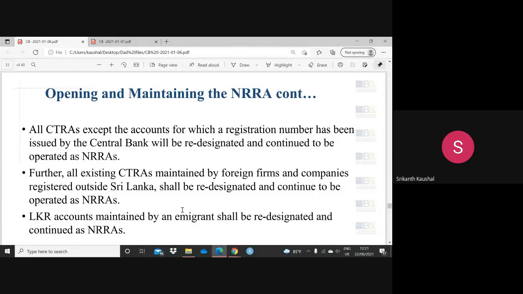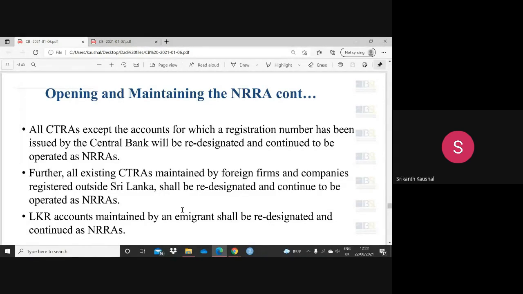Further, all existing CTRA maintained by foreign firms and companies registered outside will be designated as NRR. So hereinafter, anybody living abroad can open an NRR. Only an immigrant can open a CTRA. LKR accounts maintained by an immigrant shall be redesignated as NRR.